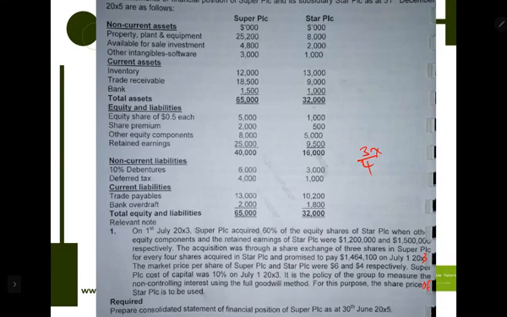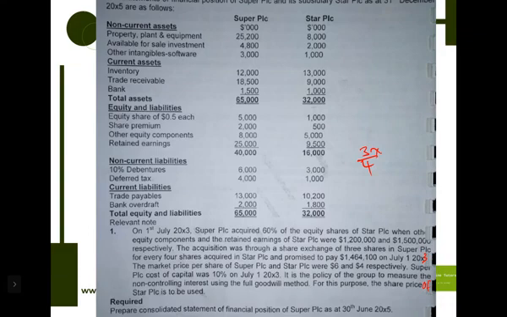Super PLC cost of capital was just 10%. And it is the policy of the group to measure NCI at full goodwill method. For this purpose, the share price of Star is to be used.